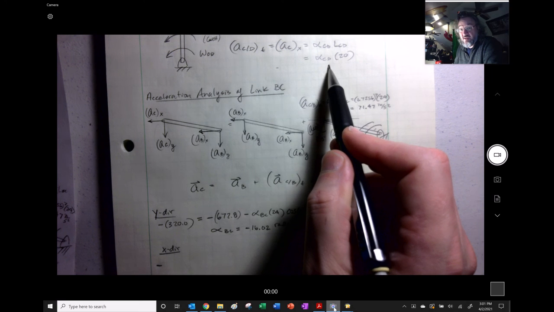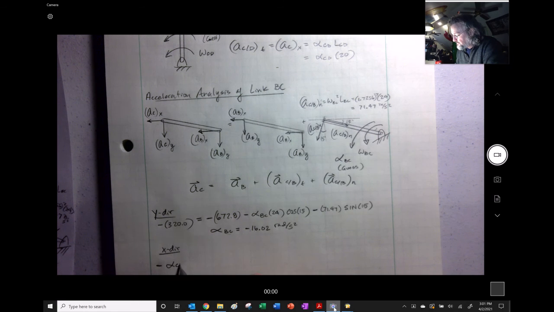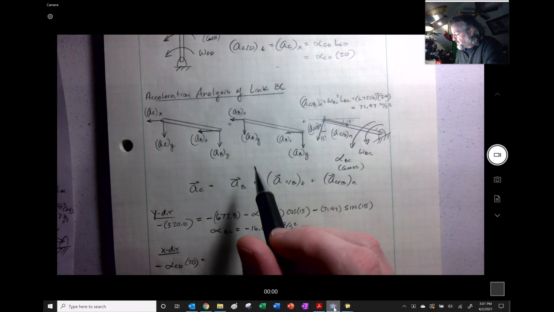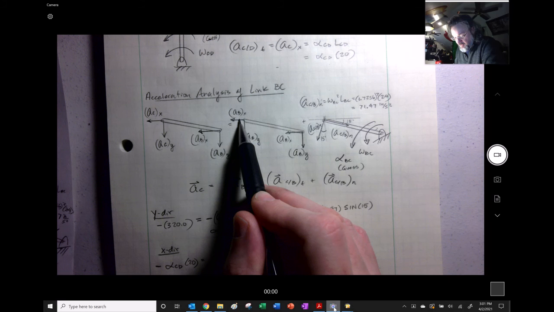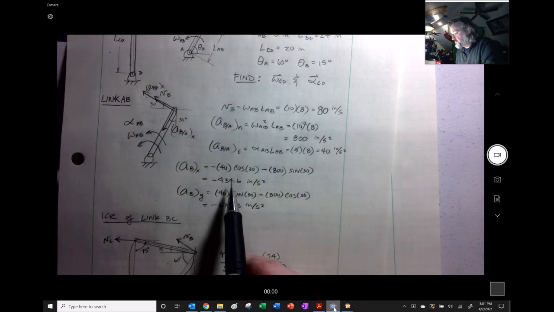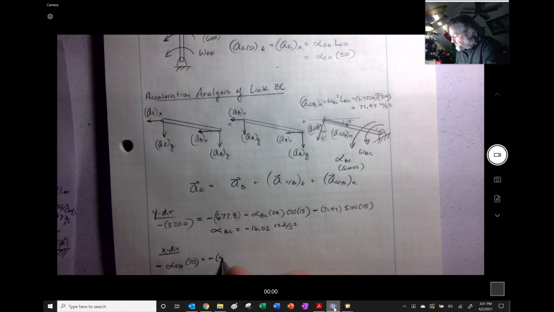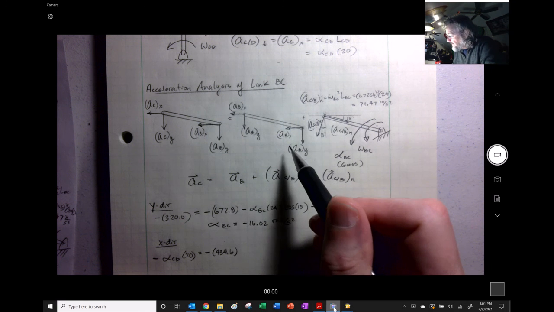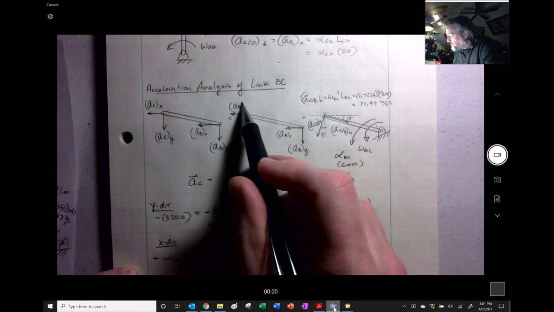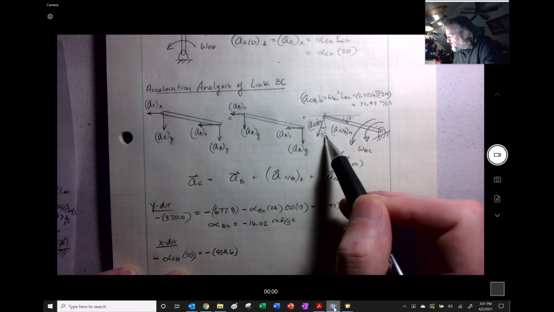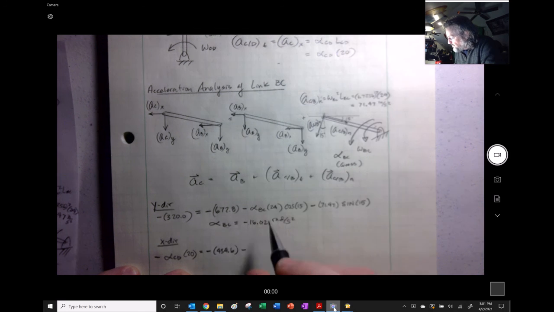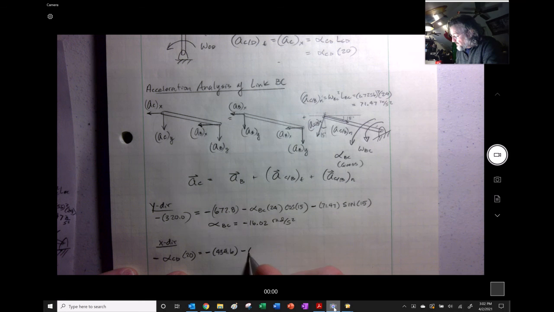AC was alpha CD times 20. It's going to be equal to the B direction right here, which remember was negative 434.6. That took care of that. Now we go to this, and this is also negative, but now we put in that number, which is negative, right?